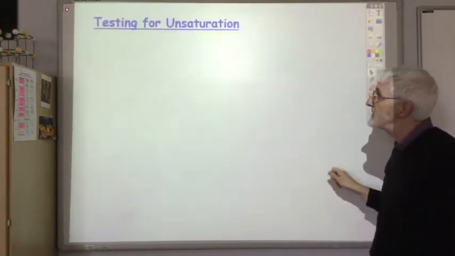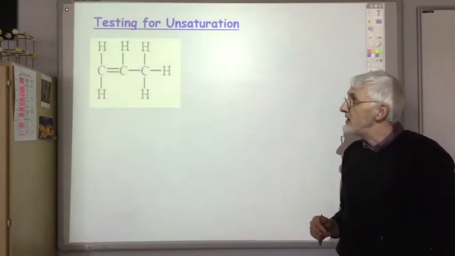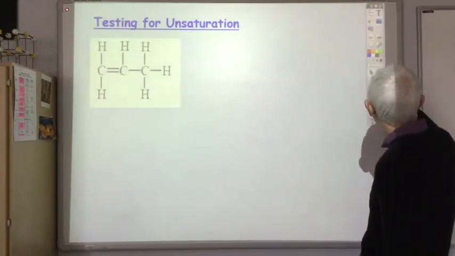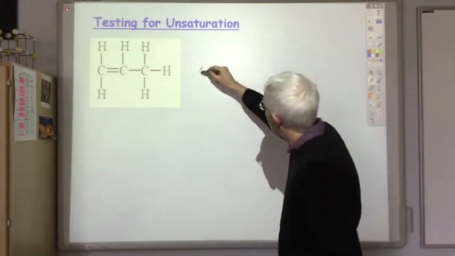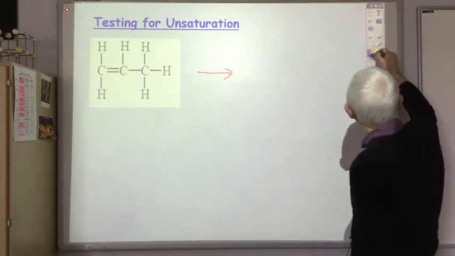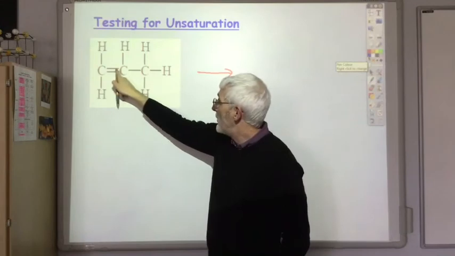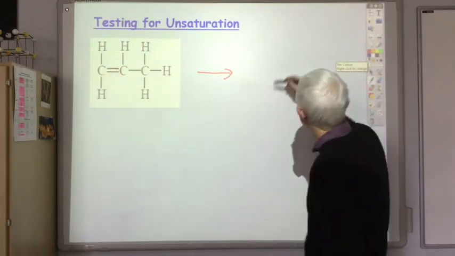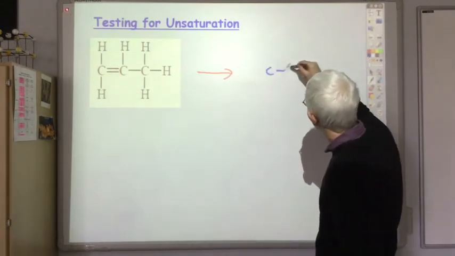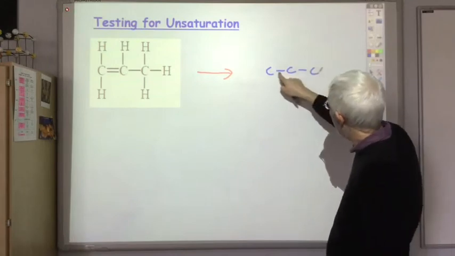So let's look at what happens when you're adding bromine to an unsaturated hydrocarbon. What happens is you break one of these bonds in the carbon-carbon double bond. So we've got 3 carbons, but we've only got a single bond there.